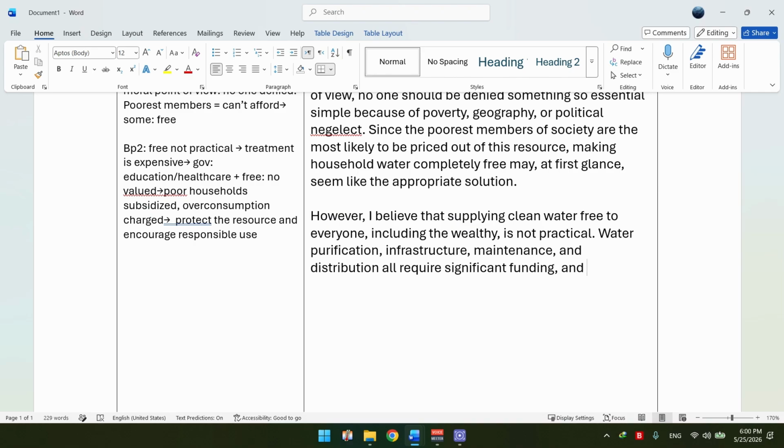And if the governments do this, a system provided entirely by the state would place an unsustainable burden on public finance.